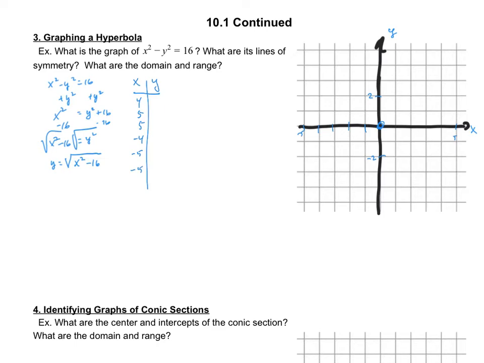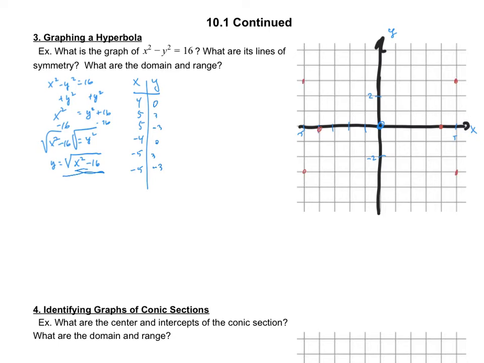Doing some substitutions, we'll quickly find out that when we plug these values back into this equation, y becomes 0, 3, -3, 0, 3, and -3. Now we are able to plot some points. So take a moment and plot these points.